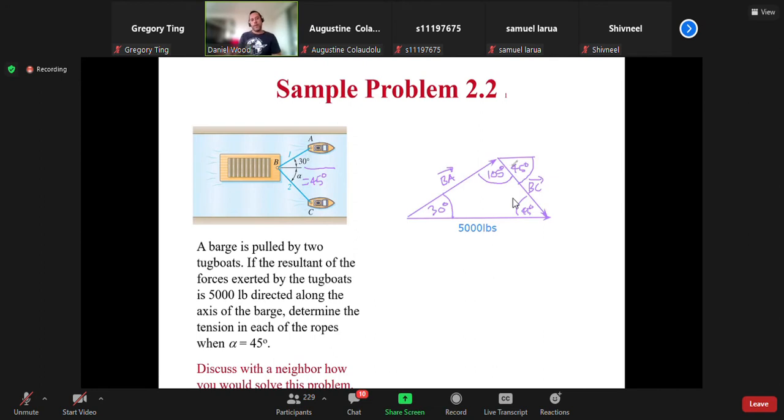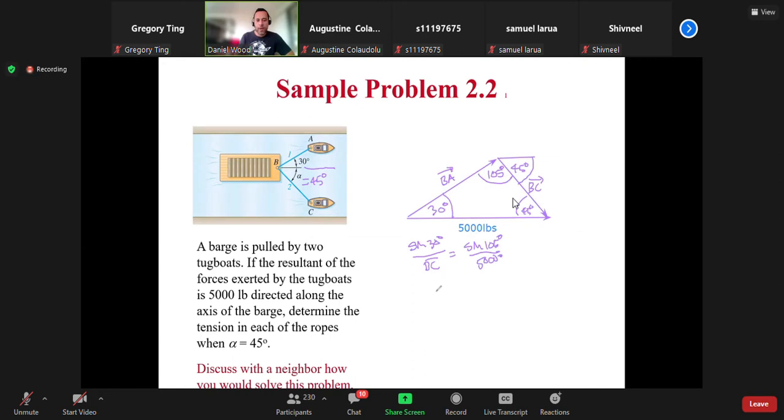Now, straight away, I know I'm using the trigonometric rule here, but you can see I can use the sine rule to determine the forces in each of my ropes. So I have sine of 30 degrees on BC is equal to sine 105 over 5,000.